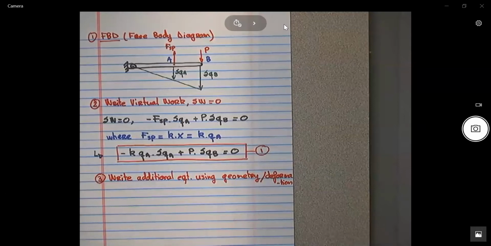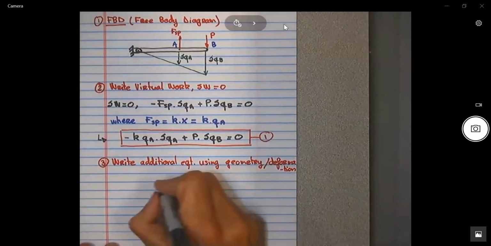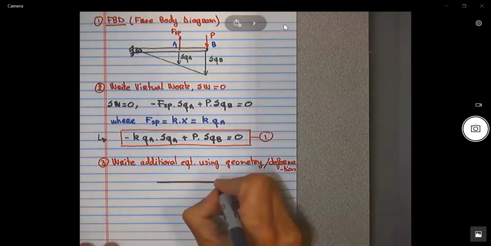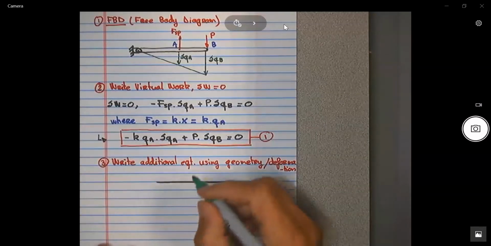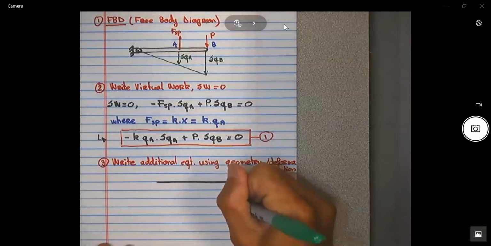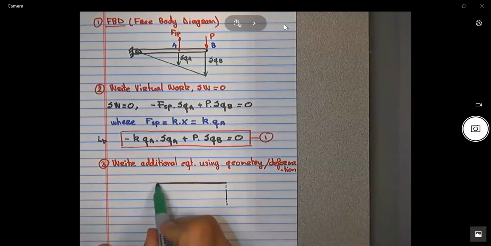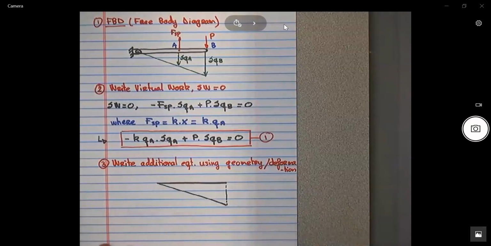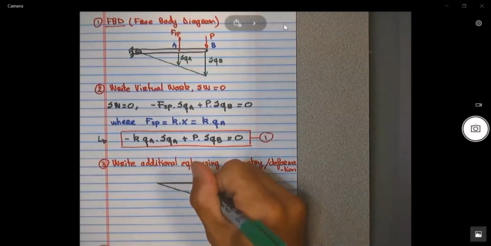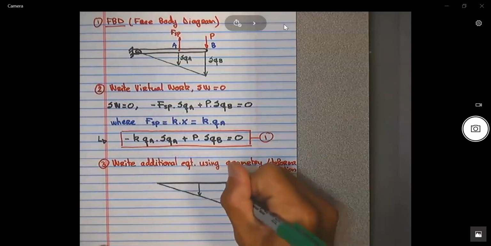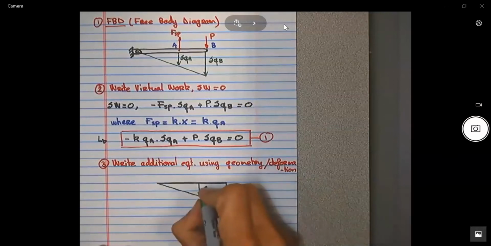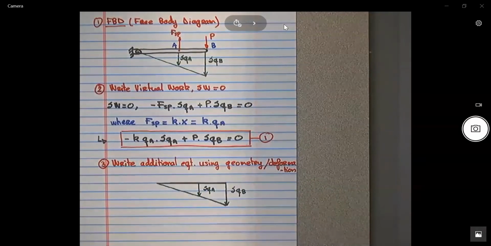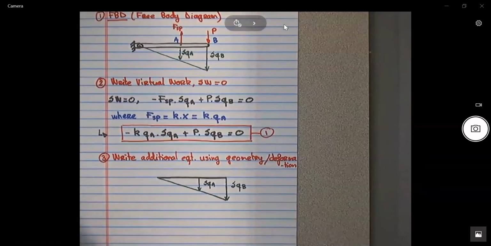So here we go to very basic trigonometry. This is our original bar. That is the deformed shape. We know this is delta Q sub B, and this is delta Q sub A, sorry.